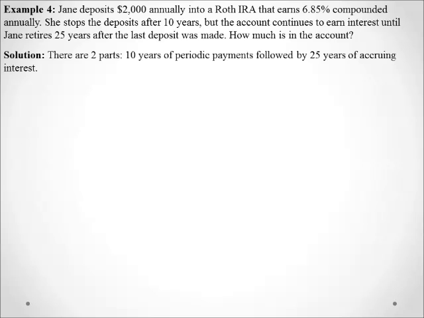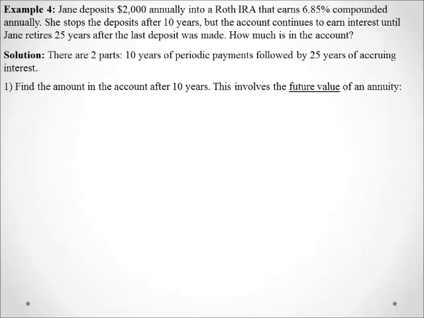So we have two pieces here. There are 10 years of periodic payments, followed by 25 years of just having the money accrue interest. So we'll do it in pieces. First, find the amount in the account after 10 years. This involves the future value of an annuity because we're putting periodic payments in over a period of time, and it's accumulating money.